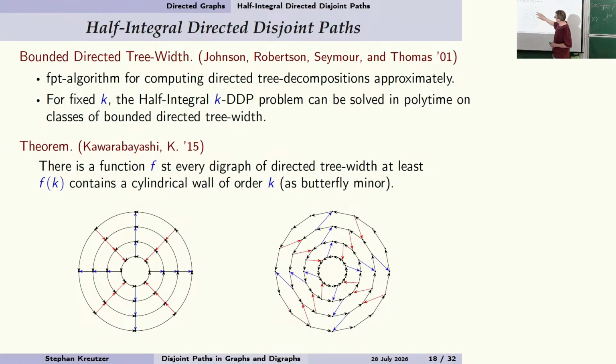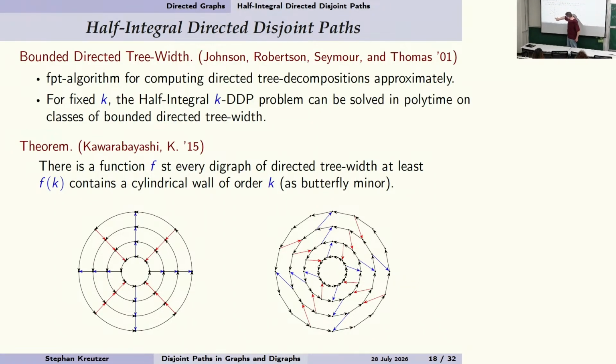And then somehow we can prove there is a function f, and this is not small, but let's say it's f. So every directed graph of directed tree width at least f of k contains what we call a cylindrical wall of order k. And the cylindrical wall, I don't know if you can see the arrows here, is just a set of k concentric cycles all oriented in the same way.